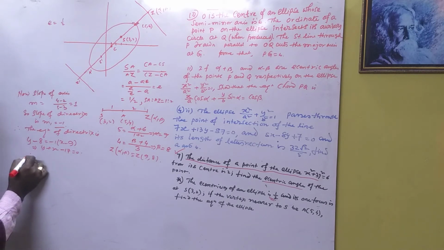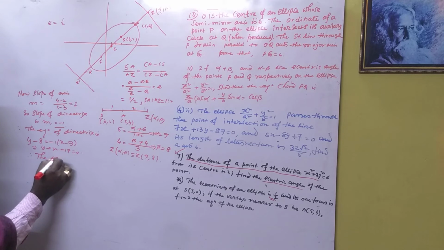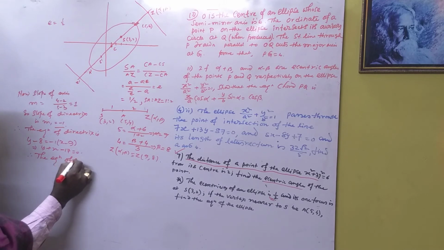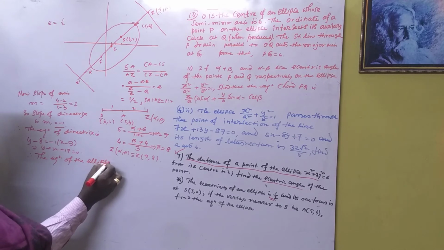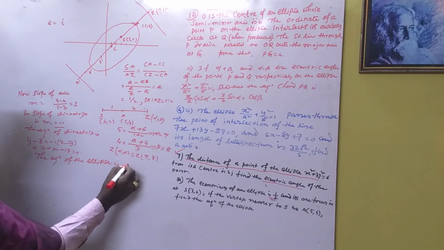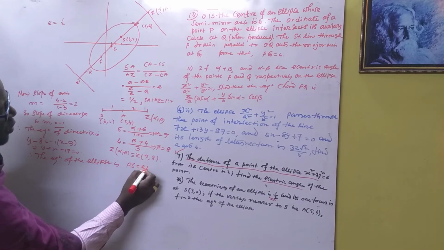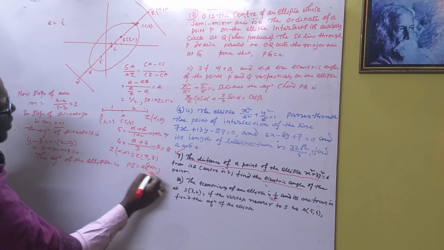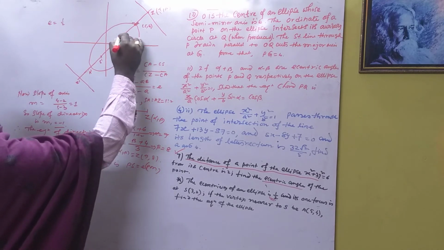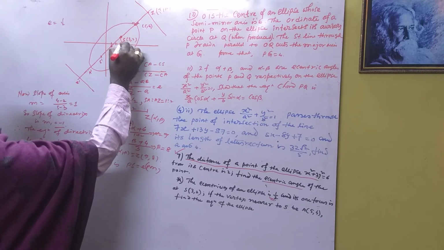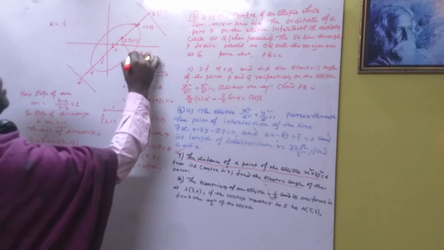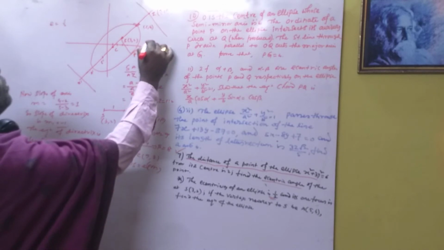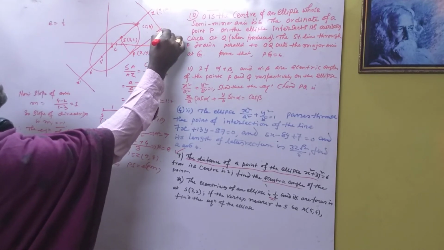Therefore the equation of the ellipse is PS equal to e into PM. Let us assume P is (x, y), and a perpendicular is drawn through P to the directrix, this is M here.